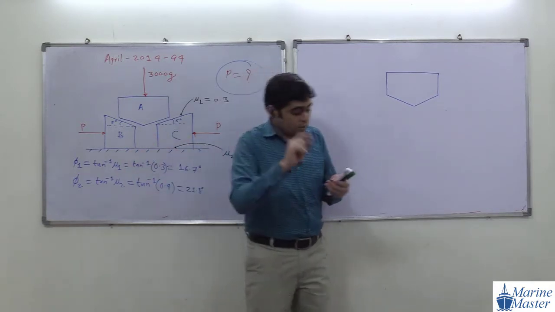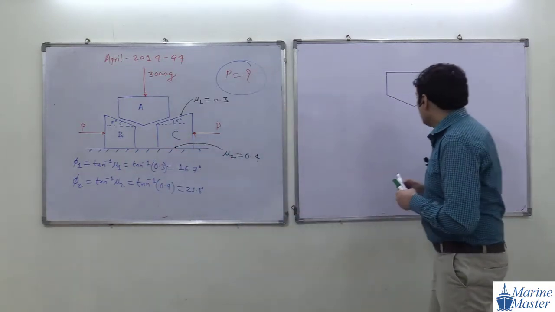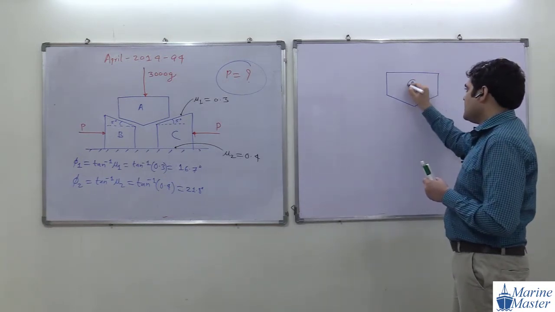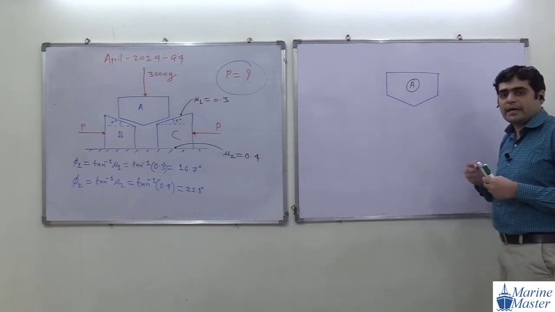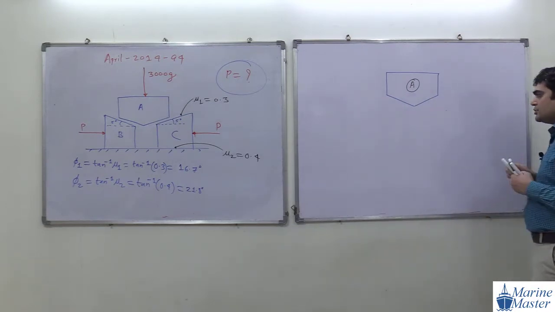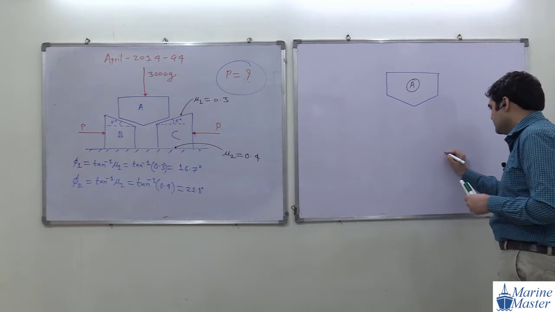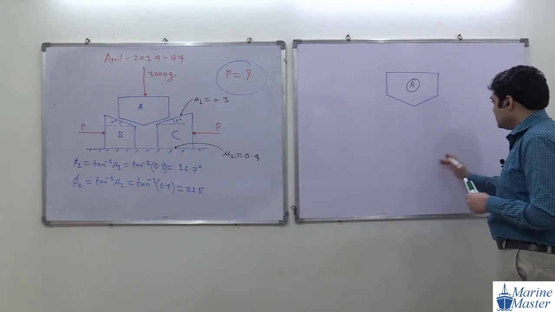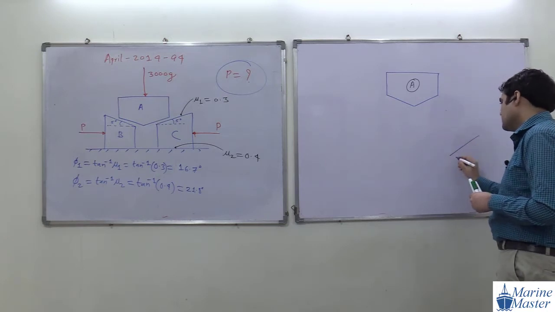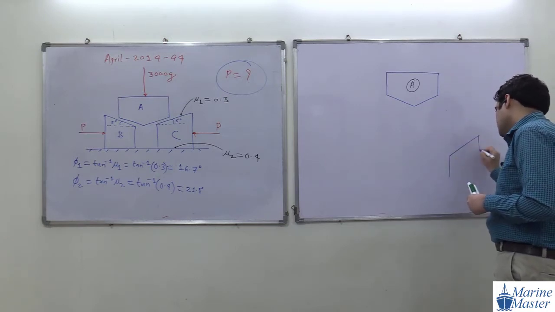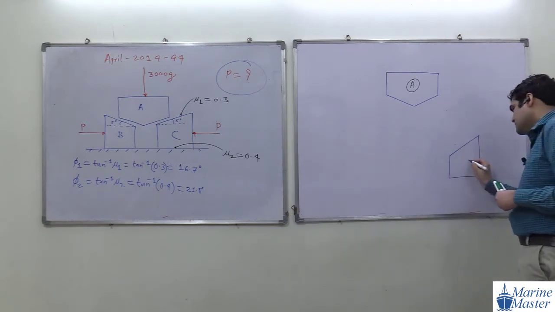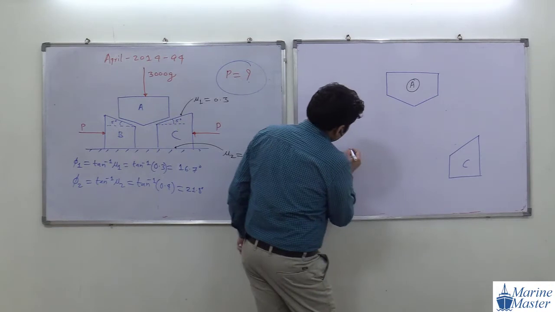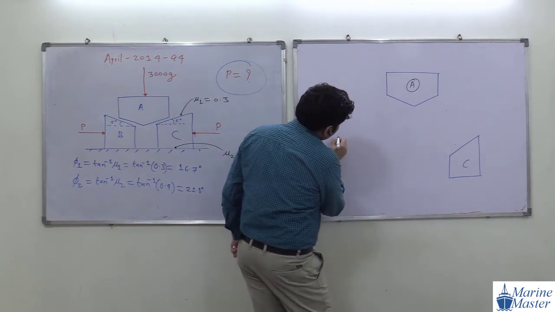So this is our tapered block A. Then next, this will be what guys? This will be our C. Okay, very good, C. Then the next point will be what? This will be what, guys?